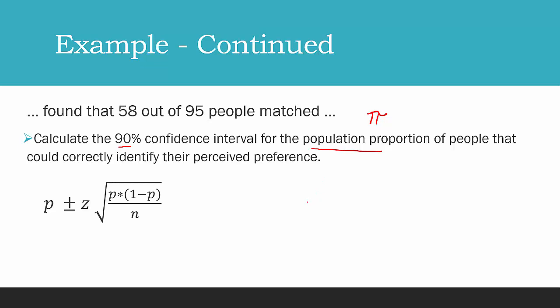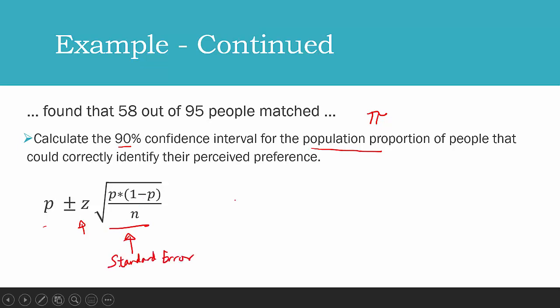To calculate the confidence interval, we take our sample proportion p, plus or minus our critical value. For proportions, if the proportion is approximately normal, we use the z. If the proportion is not approximately normal, this formula no longer applies. We take that critical value and we multiply by the square root of p times 1 minus p over n. Remember, this is our standard error.